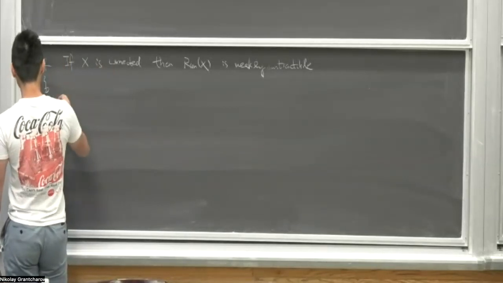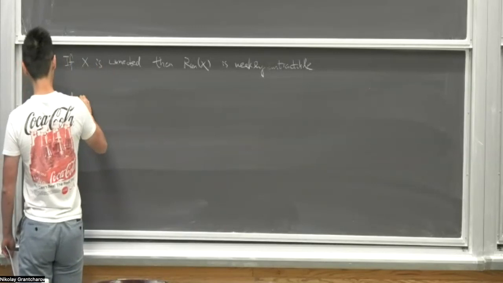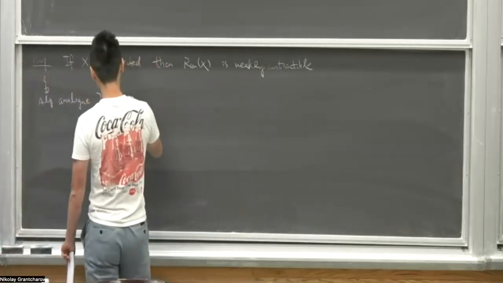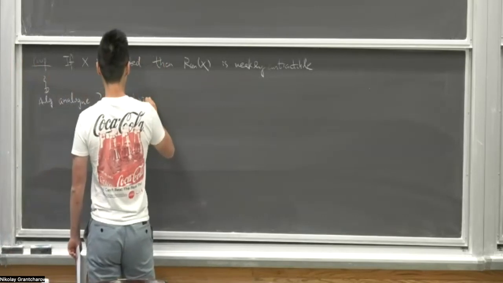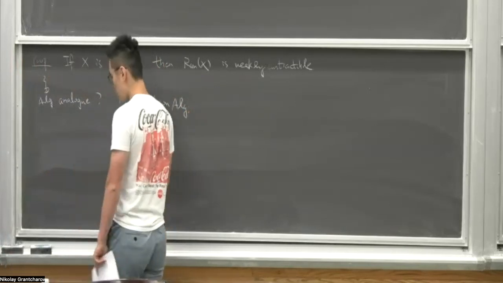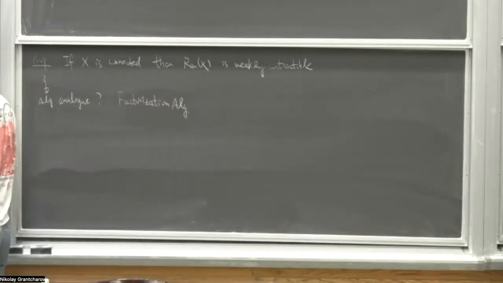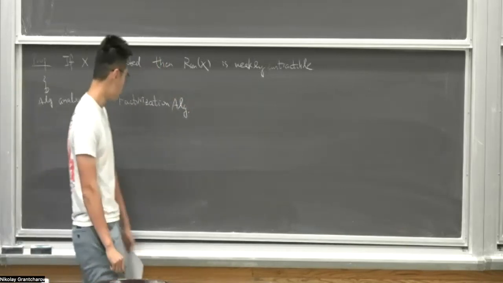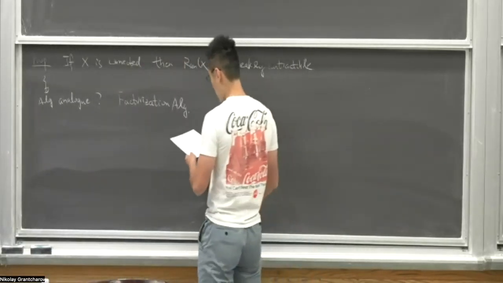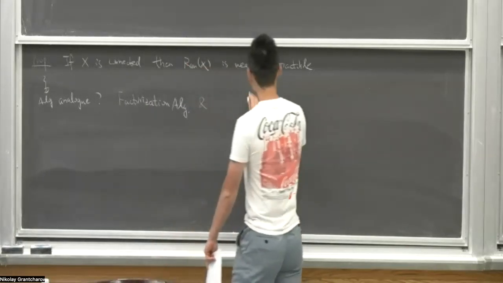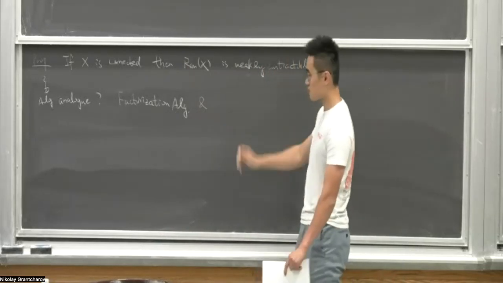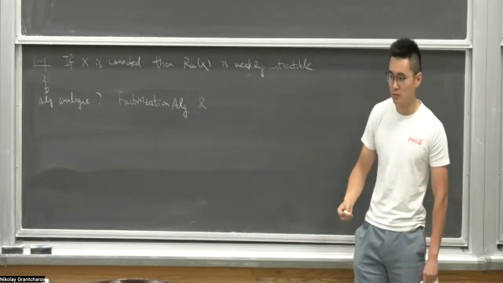Okay, but how to formulate the algebraic analog of all this story? It turns out it would be this so-called factorization algebra. Factorization algebra satisfies more properties than just a quasi-coherent sheaf over Ran space. I would still say it's an analog. For a factorization algebra, you need some commutativity and invariance here, which gives you this sort of contractibility property.